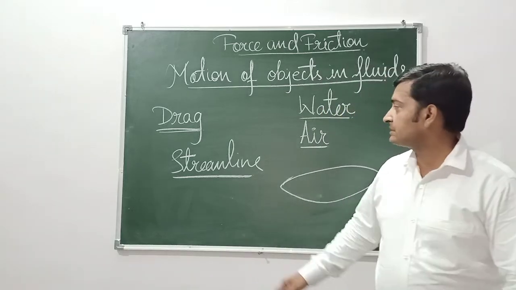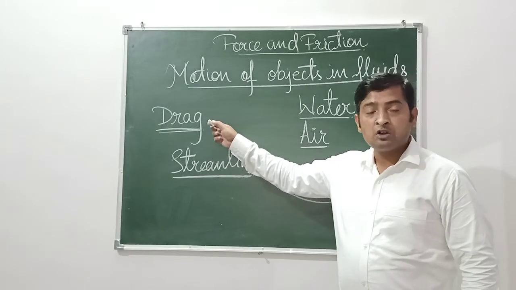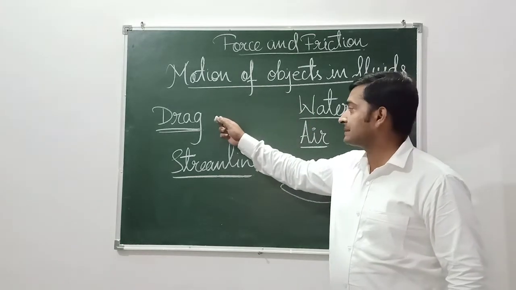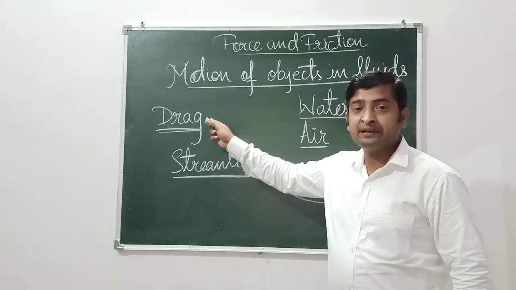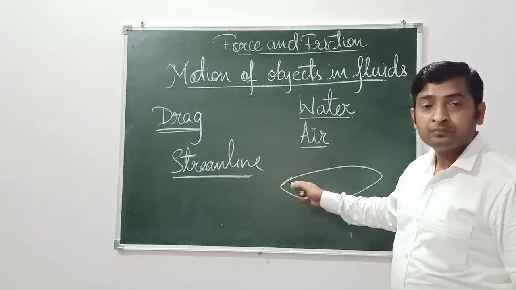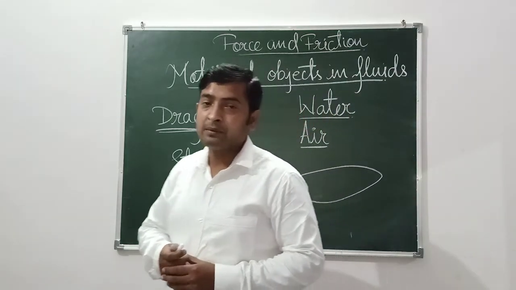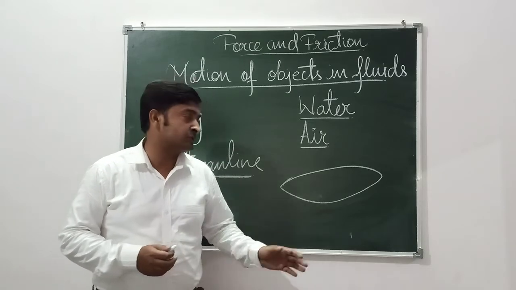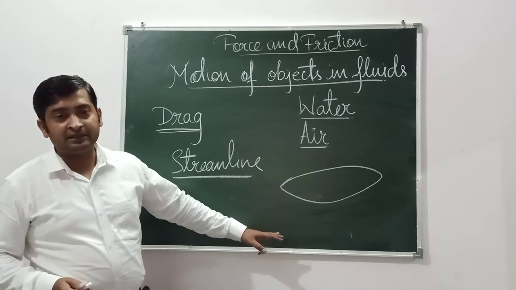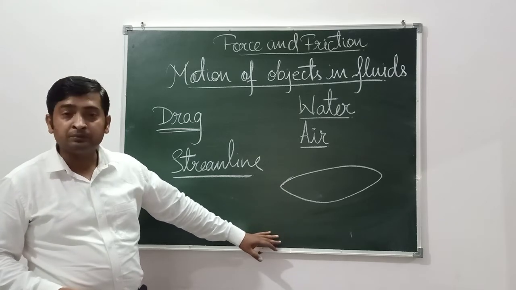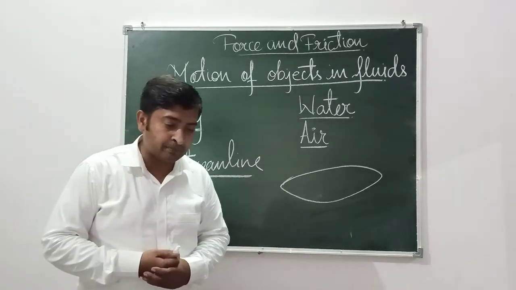Drag means the force on the object which is moving in the fluid. So that resistance force we can reduce by making the streamlined shape of an object. It can be seen in aeroplanes and ships. So there are so many examples.